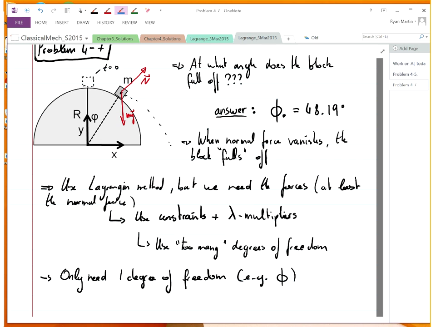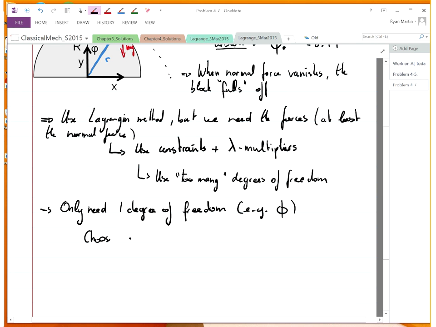So let me choose as my second degree of freedom r. So we'll choose 2 degrees of freedom, r and phi. So we have a constraint.